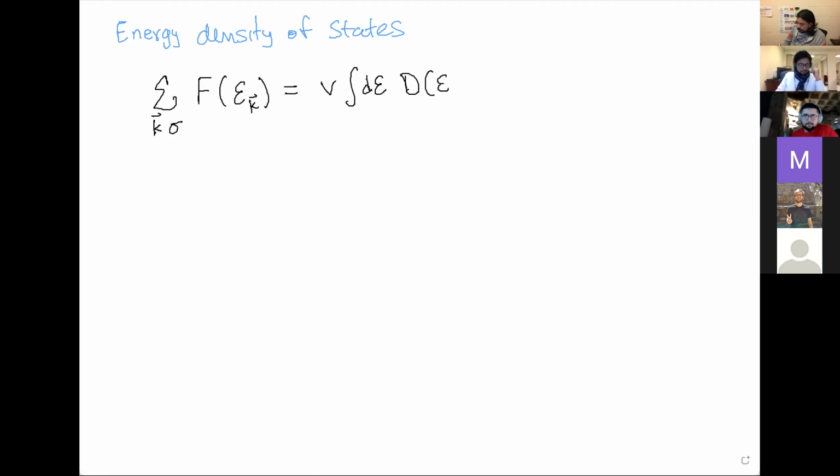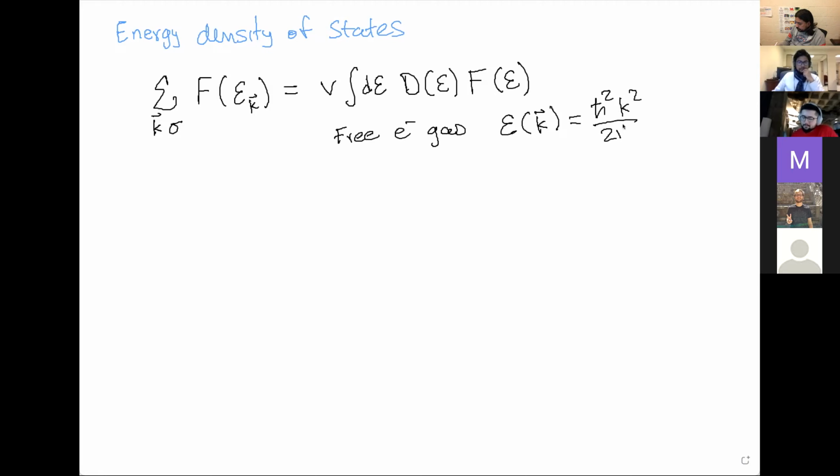This d of E is the density of states, and then we have this guy. Just as a reminder, for free electron gas, we're using that this is my function of k of the energy, and this is how it works. So now let us find this density of states whose argument is the energy.